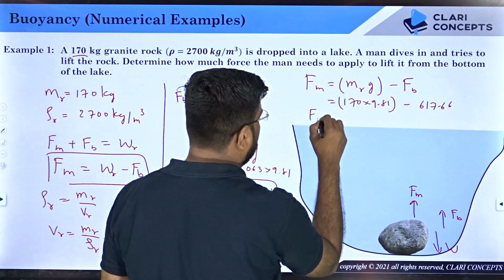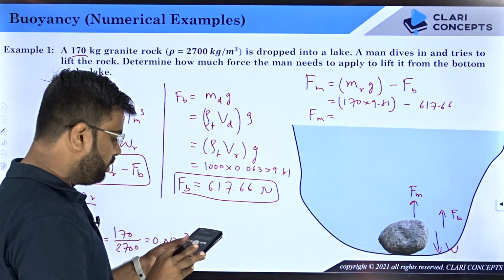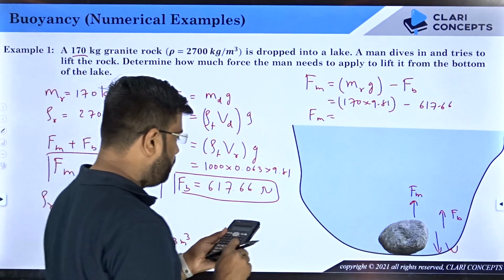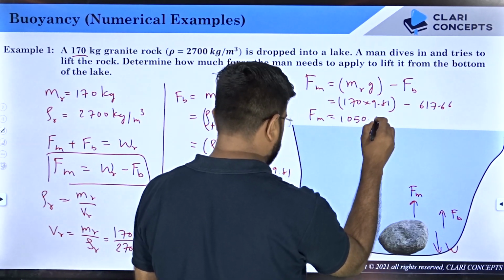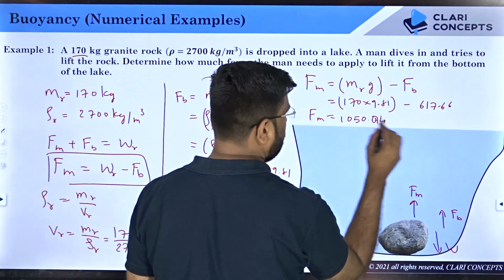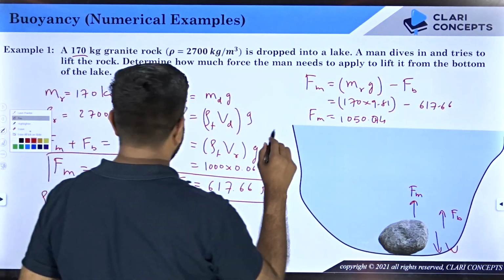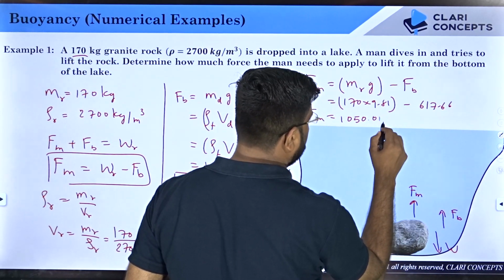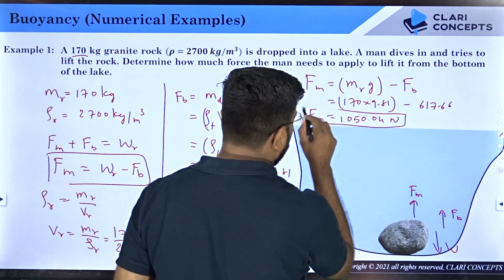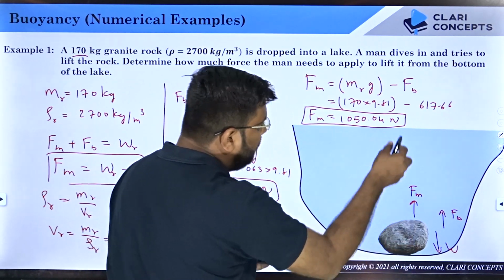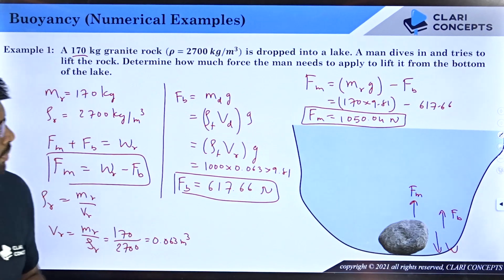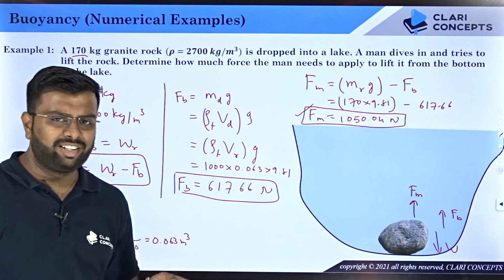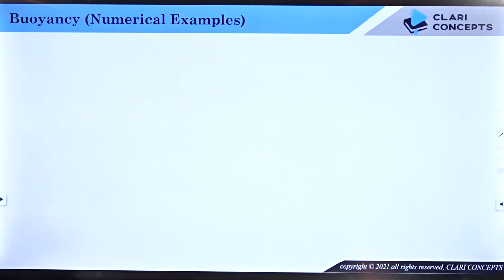Therefore Fm equals 170 into 9.81 minus 617.66, which is 1050.04. 1050.04 newtons is the force that a man has to apply to lift the rock. Let me check the answer. Yes, it's perfectly fine. So the lift force by the man should be 1050. I hope you got this clarity. It's a practical real life example. Let us go and solve another example.